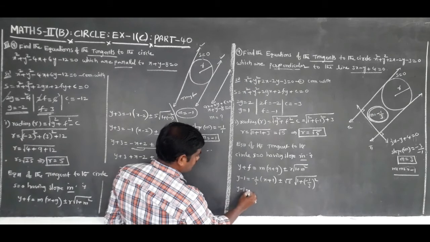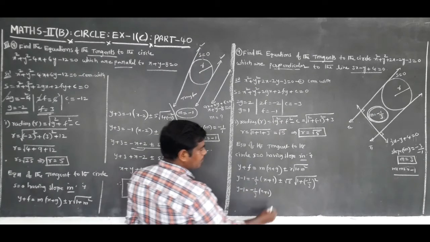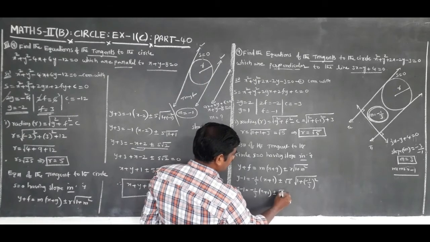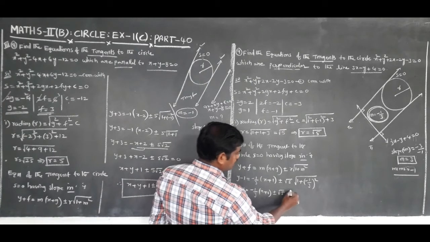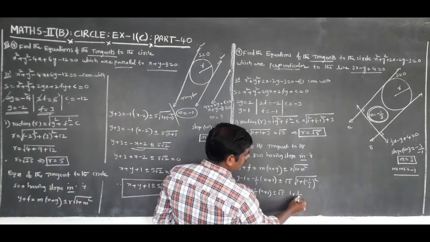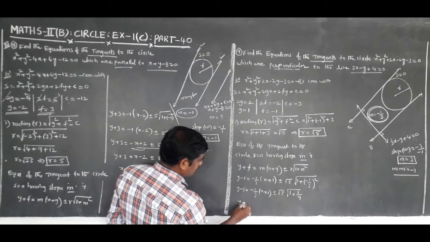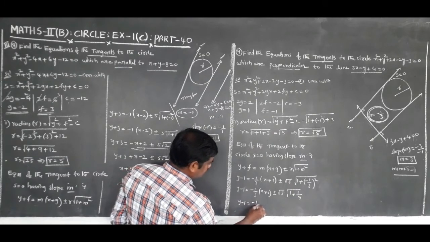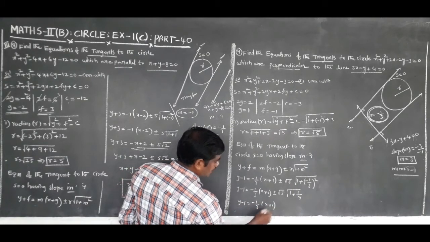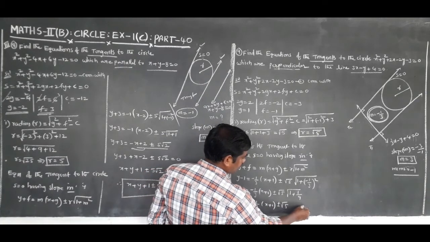So y minus 1 is equal to minus 1 by 3 into x plus 1 plus or minus root 5 into under root of 1 plus 1 by 9.